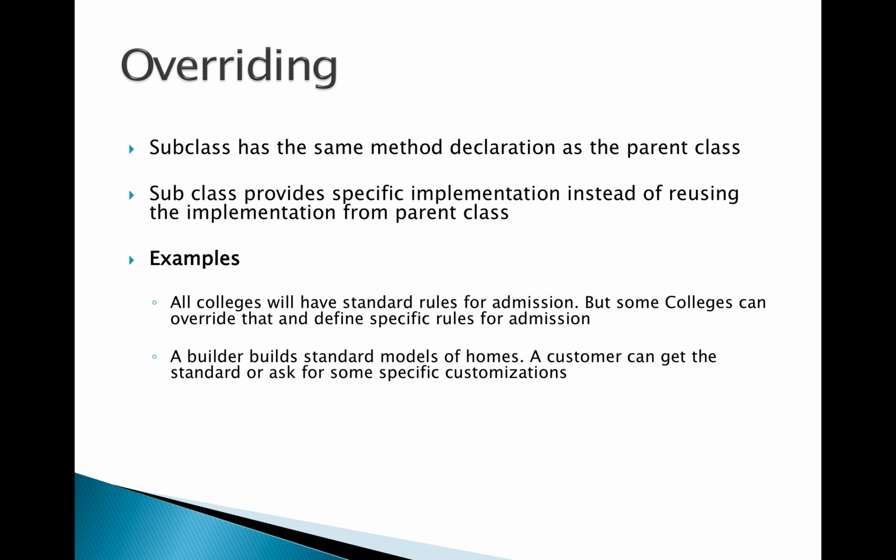Let's say instead of 4 bedrooms he wants to add one more room. He can customize the standard models. Here he is overriding the standard definition. The next example is pizza with customizations. Each customer can order a pizza and add his own customizations. These are all examples of overriding.